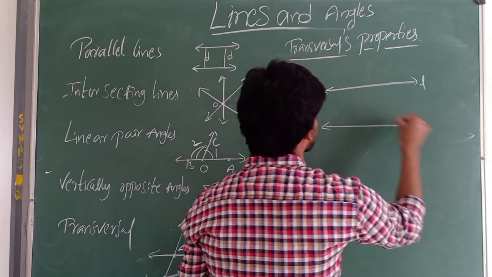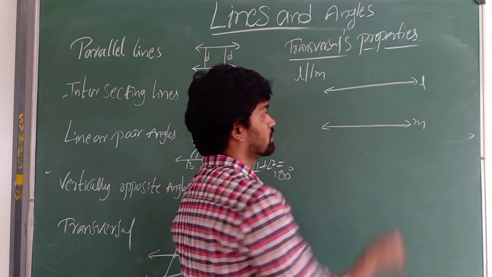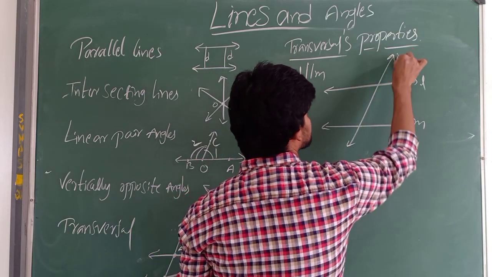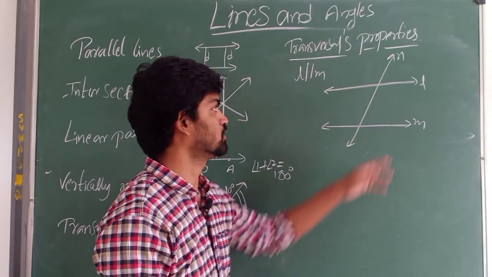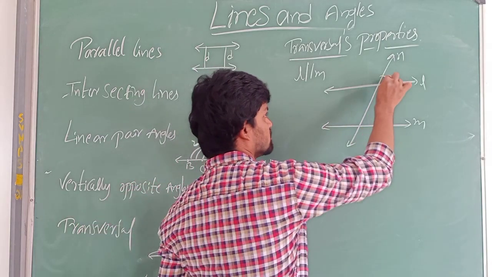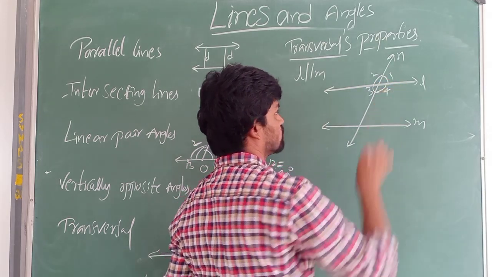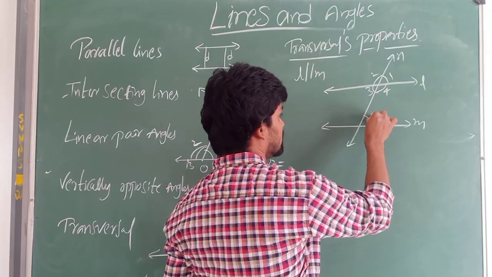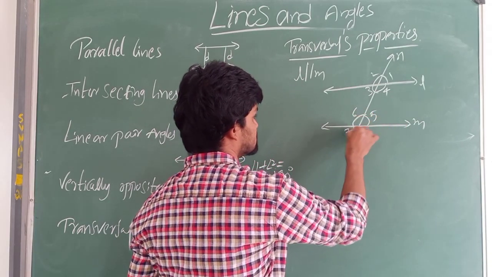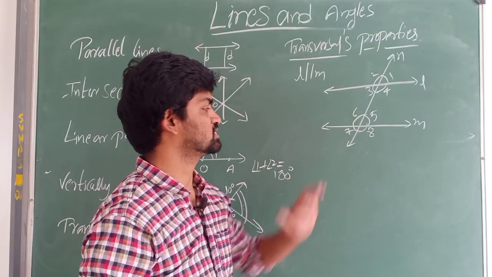Line L is parallel to M, and one more line I have drawn, which is N. Now N is called the transversal. Now how many angles are formed? I am writing here angle 1, 2, 3, 4. Here I am continuing the count: 5, 6, 7, 8. Total 8 angles formed.